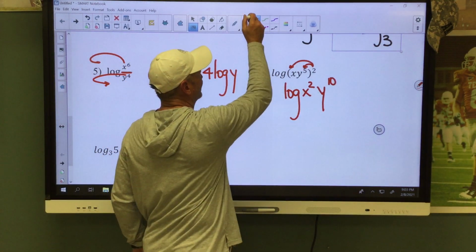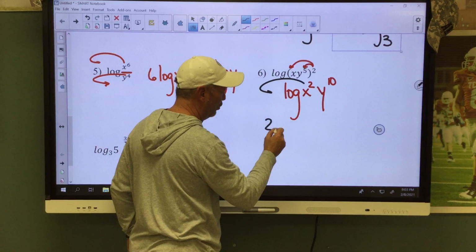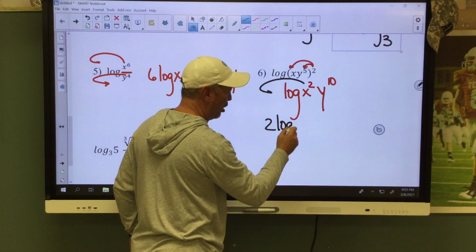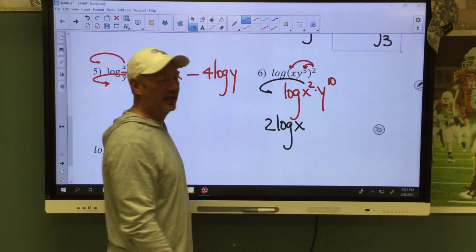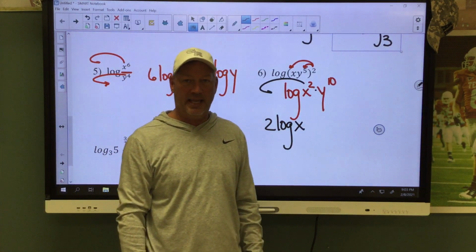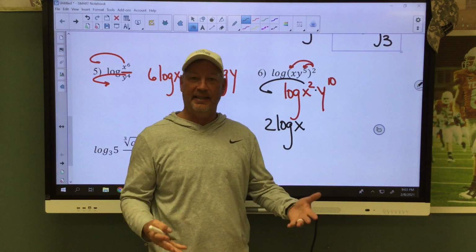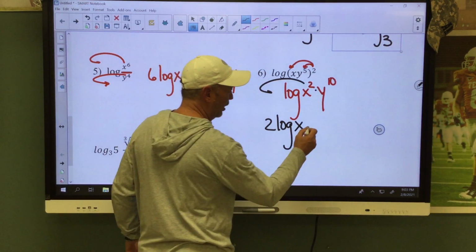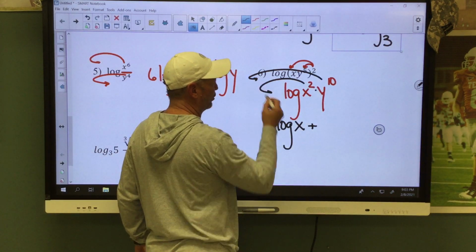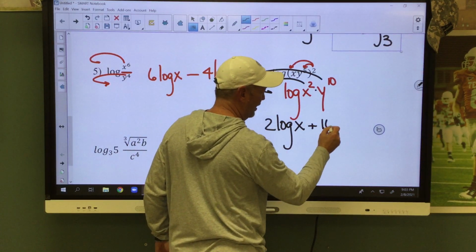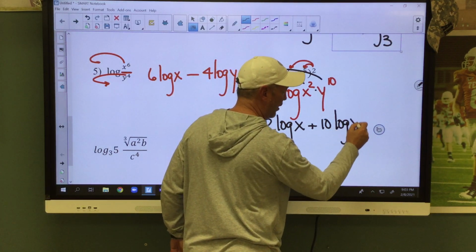And we would write this as, remember, 2 log x. But when those two variables are next to each other, that's treated as multiplication. And what does multiplication make us think? Addition. So you would say plus, but then you had another exponent, which goes in front, and you're going to say 10 log y.